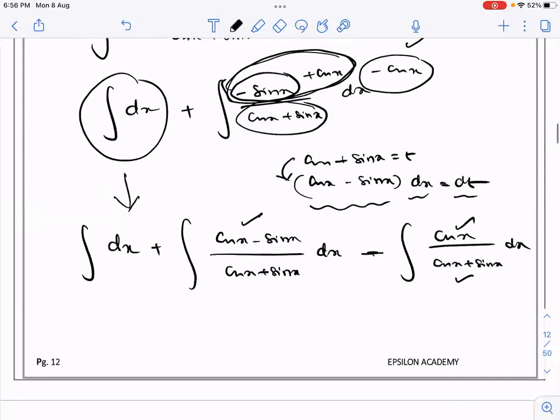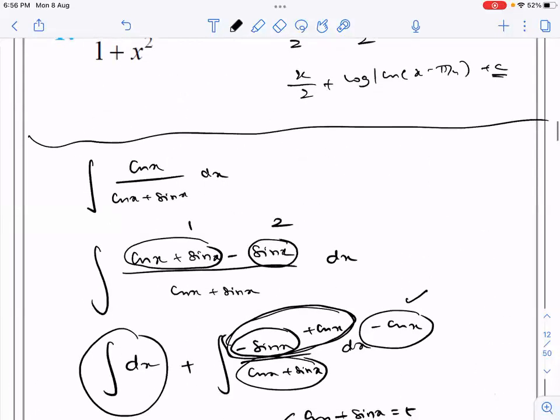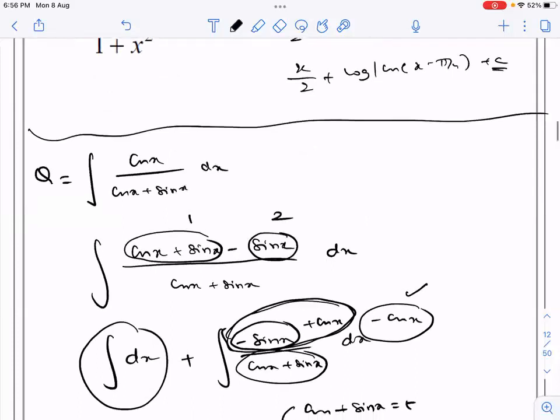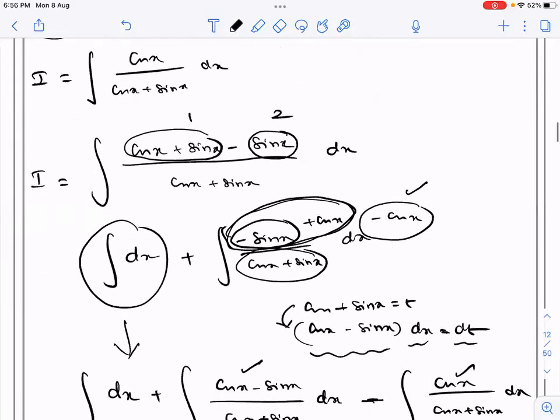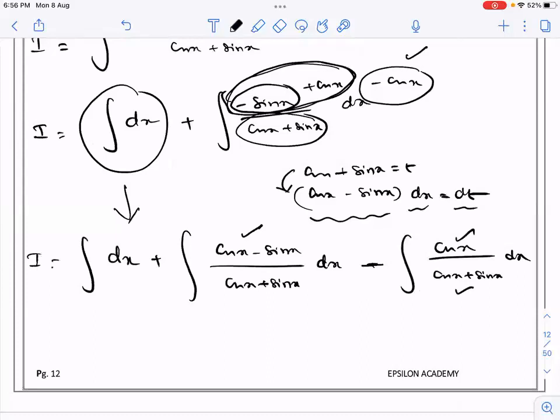Is it enough? So if you observe, this is what the question is. If I take this as I, this step is also I, this is also I, correct? Then what is this thing?